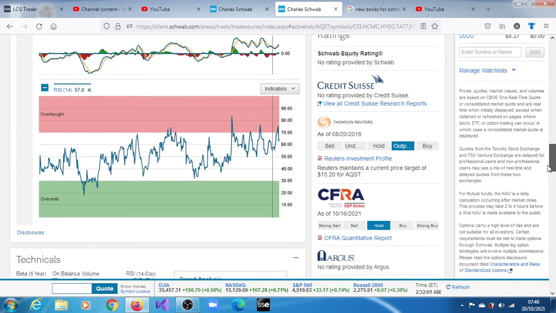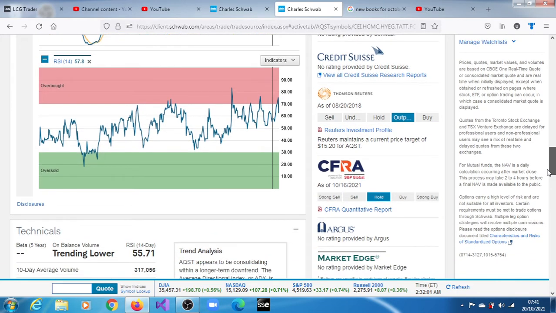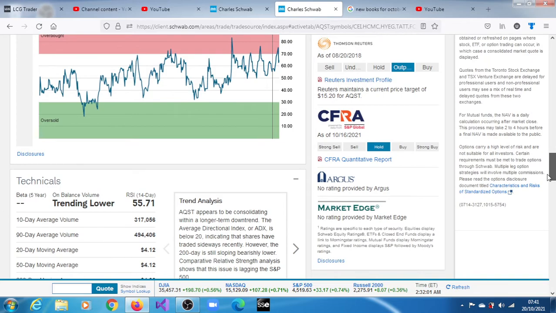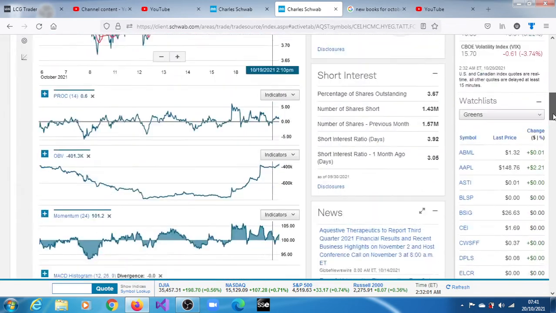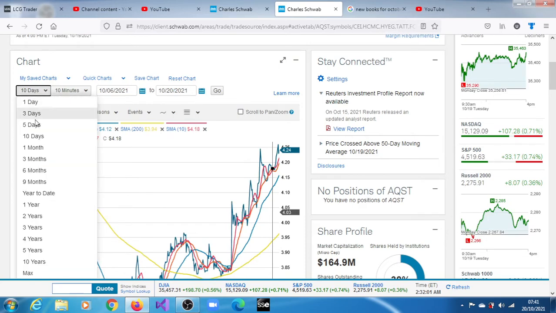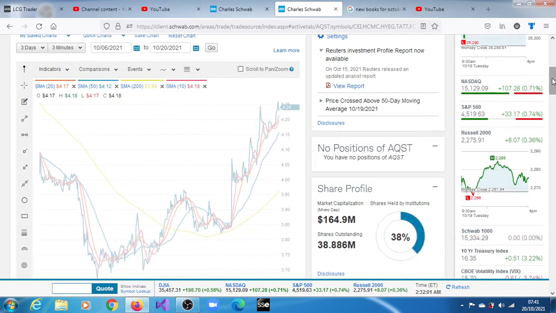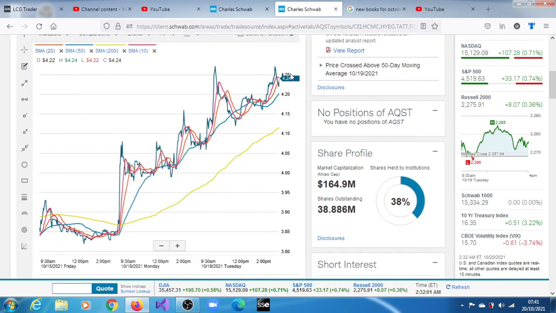But if you look at it from the short term, the 10-day picture, or indeed any other short term you want to look at, if you want to look at it in the 3-day perspective, you can even see something much more bullish than what you're looking at here. You will not even see anything bearish here. On the 3-day model, you can see at various times it fell below that 50-day moving average.